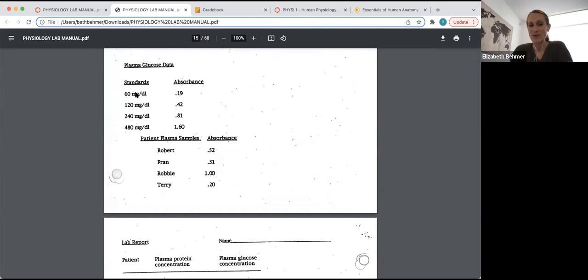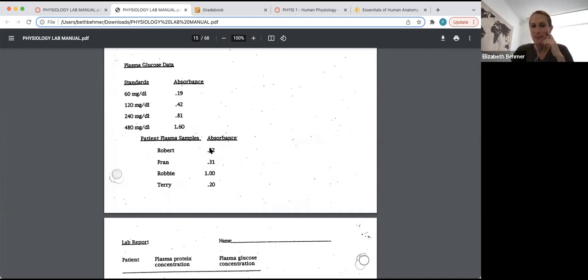So for example, we first have some standards, some controls that we gather first of all, and we will measure the absorbance of light for these different standards. So how much light this concentration is absorbing, or this concentration, or this one, or this one. We can then plot a graph, and then plug into that graph some plasma samples from a patient.